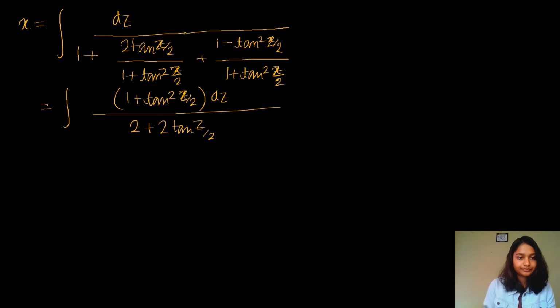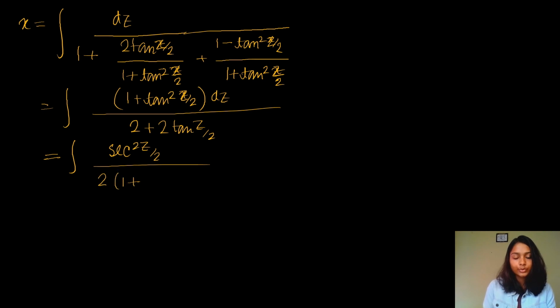So here integration 1 plus tan square z by 2 will become sec square z by 2, and below we have 2 into 1 plus tan z by 2 into dz.